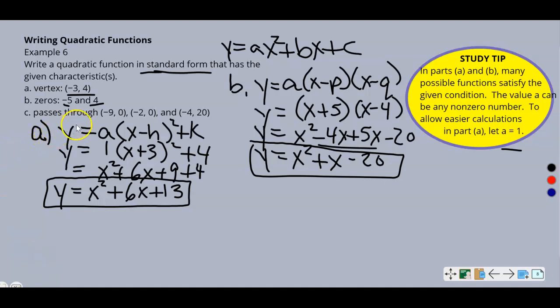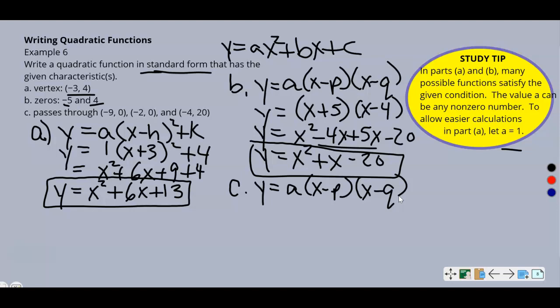Part C says the graph passes through (-9, 0), (-2, 0), and (-4, 20). Because these have y's of 0, these are the x-intercepts. If these are the x-intercepts, those are your solutions or your zeros to the equation, so we can use intercept form. We're going to have y = a(x - p)(x - q). We're going to use that formula again.